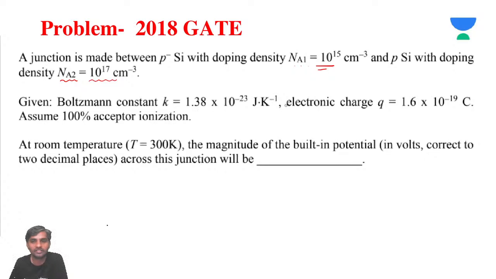Boltzmann constant is this, electron charge is this. Assume 100% acceptor ionization; all these things are not required. At room temperature T equal to 300 kelvin, the magnitude of the built-in potential in volts, correct to 2 decimal places, across the junction will be.